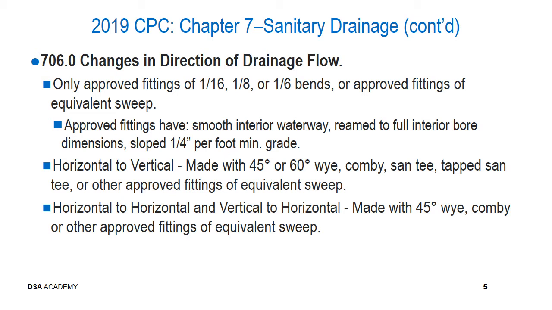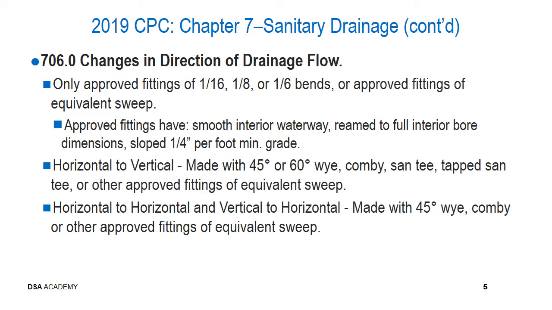These approved fittings have 3 particular characteristics that identify them and distinguish them from other piping. And these 3 characteristics are: they have a smooth interior waterway, they are reamed to full interior bore dimensions, and they're sloped 1/4 inch per foot minimum grade inside the actual fittings.